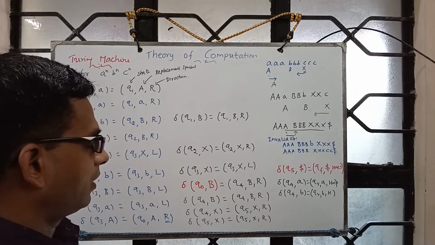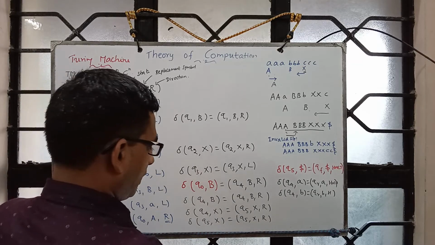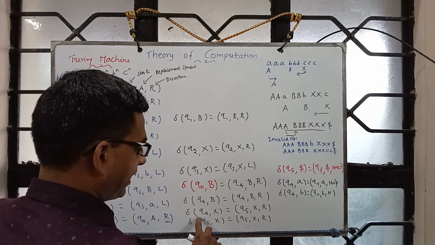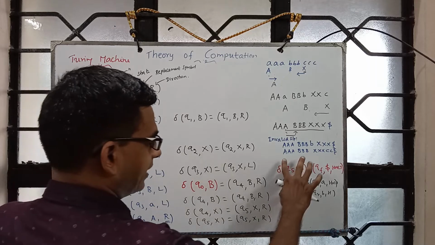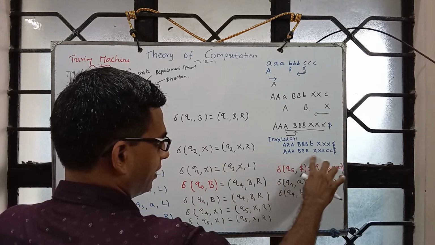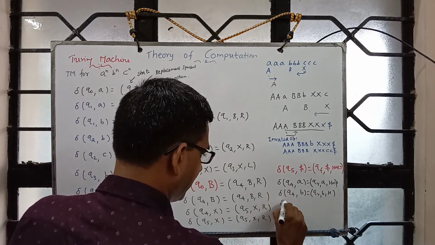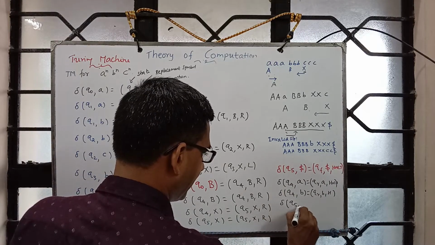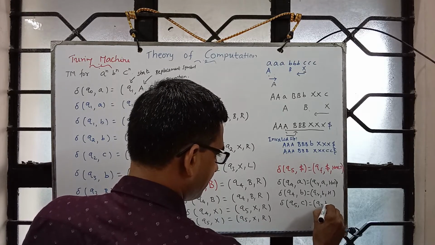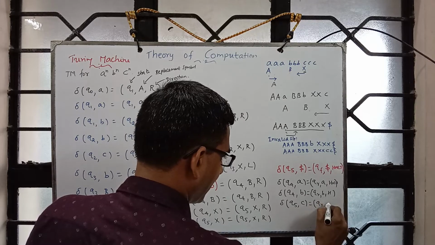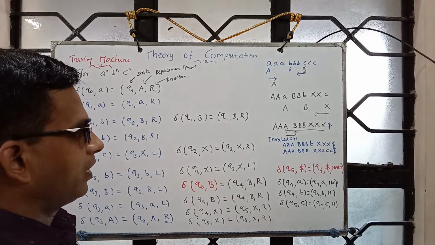Fine. On a similar line, now you scan X using Q5, and you see that there is no issue with respect to A and B, but while scanning this you come across C. So delta of Q5 comma C, you must reject and stop the machine.